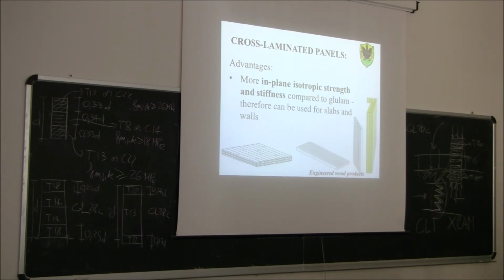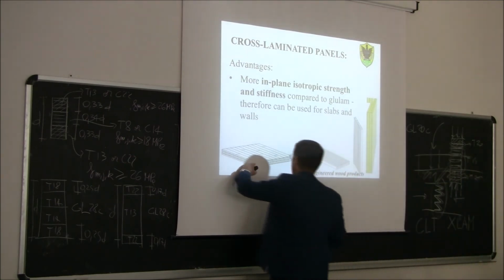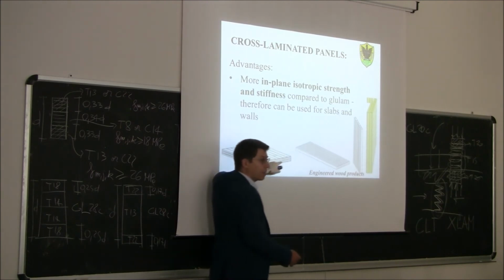There are more fibers parallel to the direction you are considering, right? In the perpendicular laminations there are also fibers, but the fibers in this layer here are oriented perpendicular.